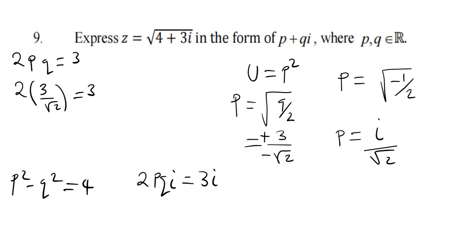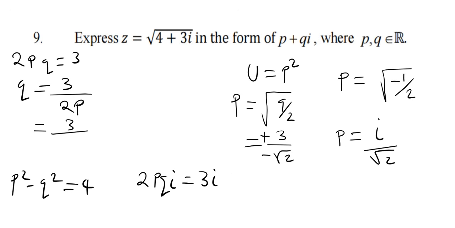What then are we going to have? Since we're finding the value of q, I think this one is going to confuse us. Let's make q the subject of the formula in advance. So q will be equal to 3 over 2p. In this case it will be 3 over 2 multiplied by our p.